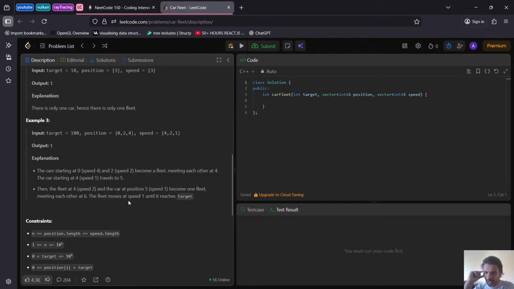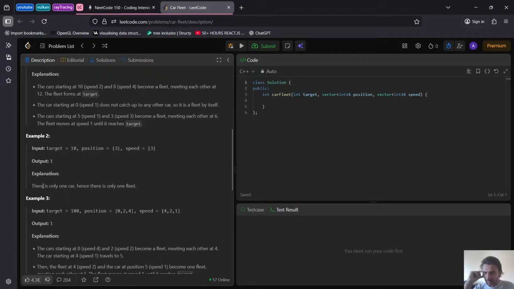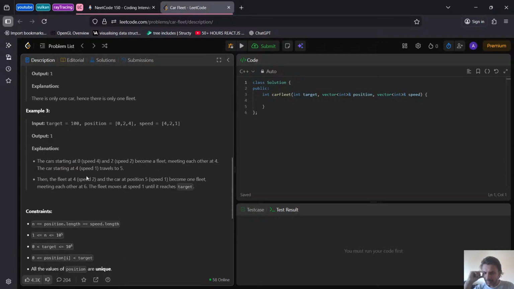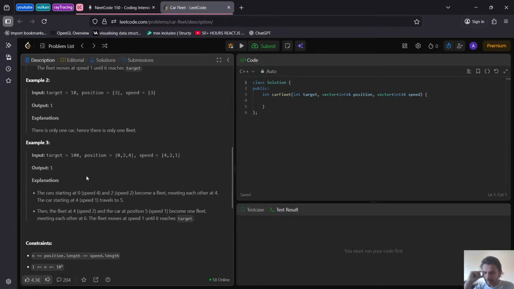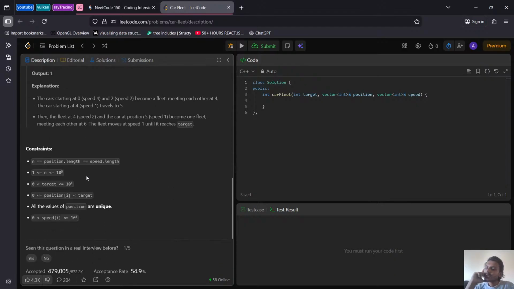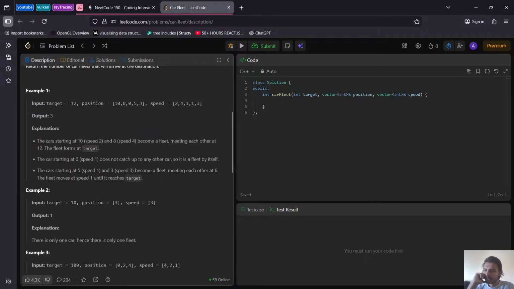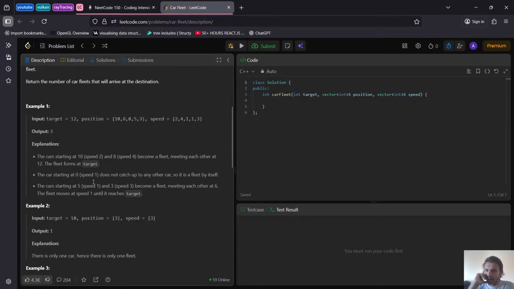The fleet moves at the speed of 1 until it reaches the target. The car starting at 5 with speed 1 and the car at 3 become a fleet, meeting each other at 6.